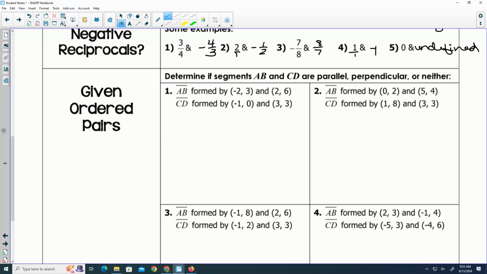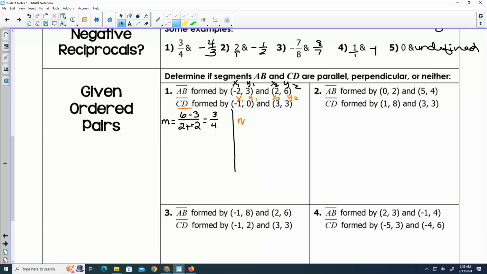So we know this is like our x1, y1, x2, y2. So I have to do that for each of them. So for my first one, y2 minus y1 over x2 minus negative 2, that gives me a positive 3/4. Now we do the second one. Okay, so this is my x1, y1, x2, y2.